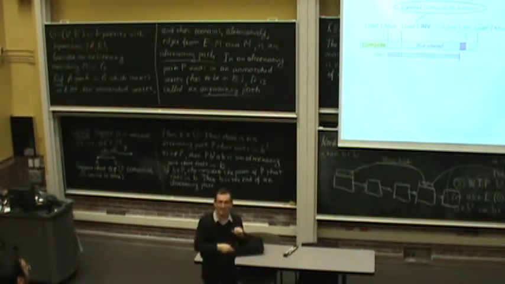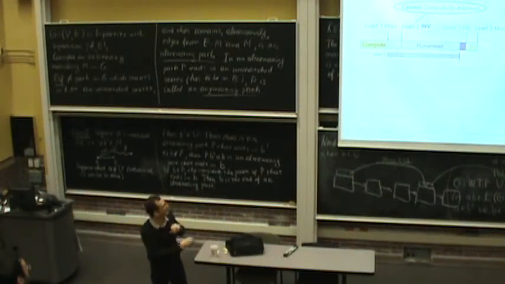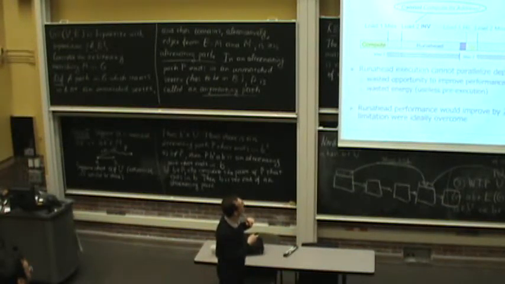And now load 2 is encountered. Now you can execute load 2, right? Because the value it's dependent on, load 1's result, is available now. Make sense? Now it turns out it's a miss. Well, so you go into Runahead again and do Runahead execution. Now this is probably not good, right?